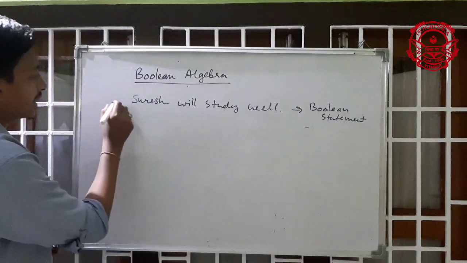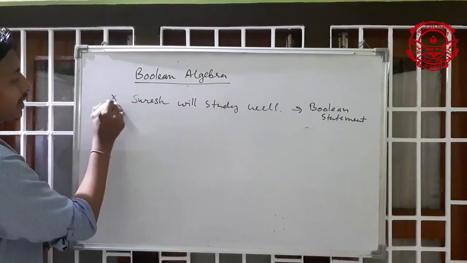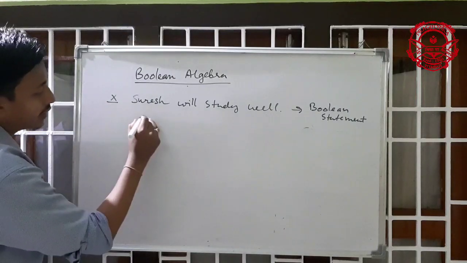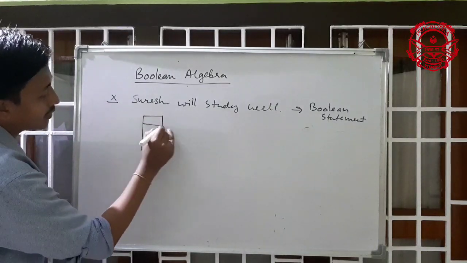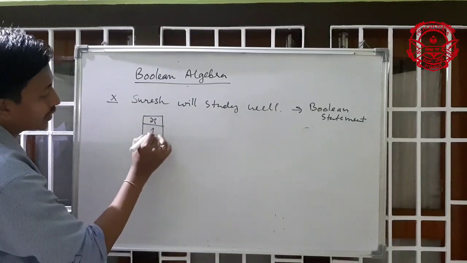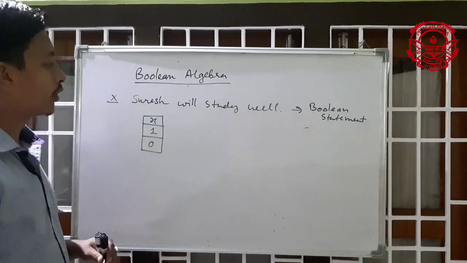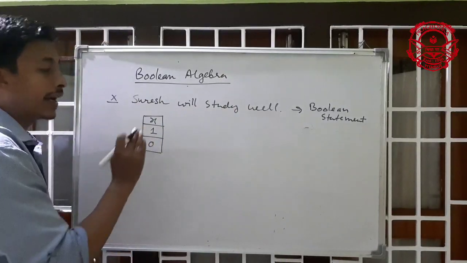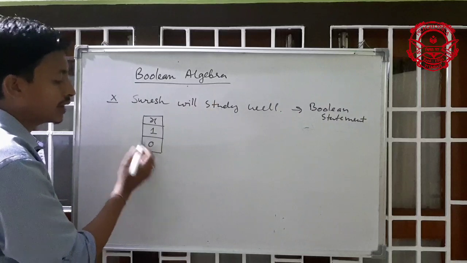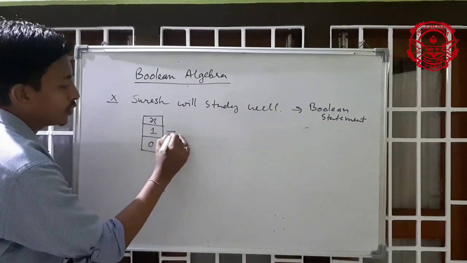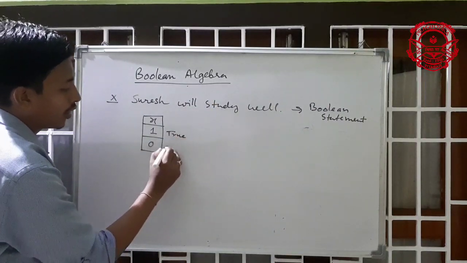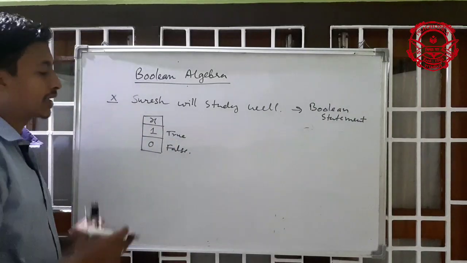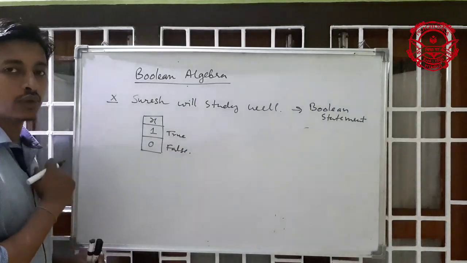If the statement is denoted as X, there are two possibilities, either 1 or 0. Suresh will study well, if it is well, it is true. And if Suresh is not studying well, it is 0, false. True or false. It is X, 1 or 0.